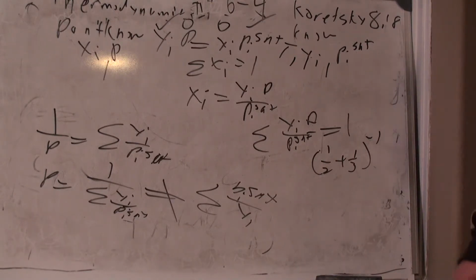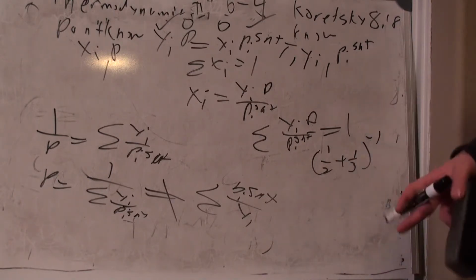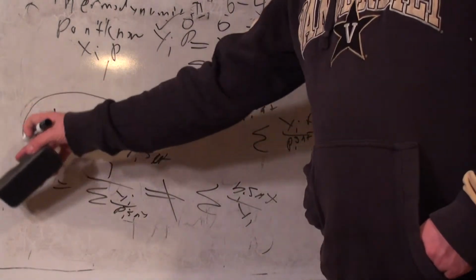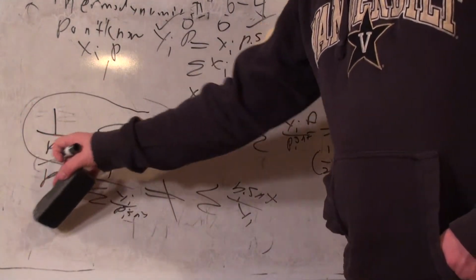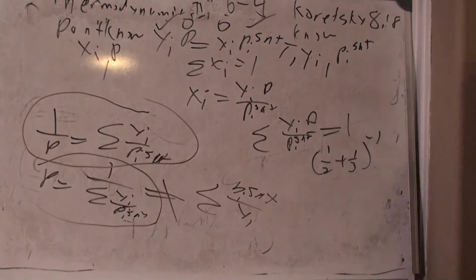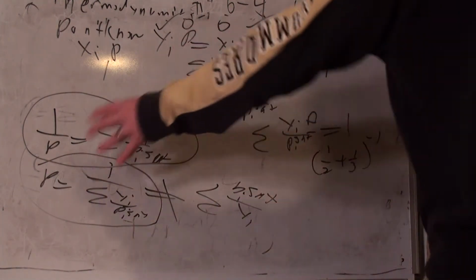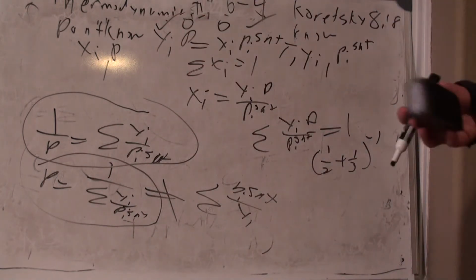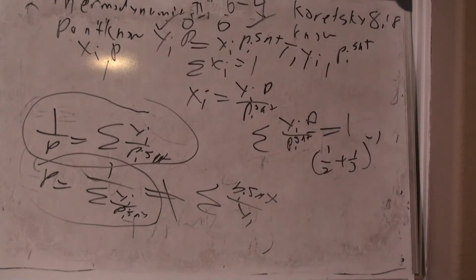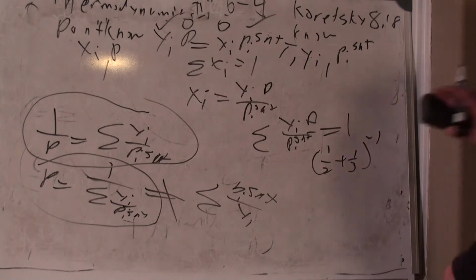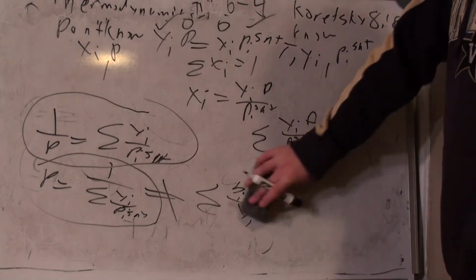Okay. And so I find it easier to use this one than this one, so that I don't make that mistake. I find it easier to just calculate 1 over P and then inverse the answer. That tends to make fewer mistakes.